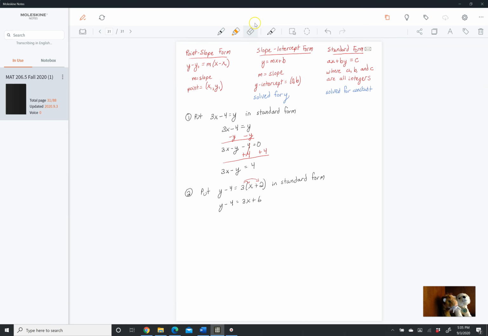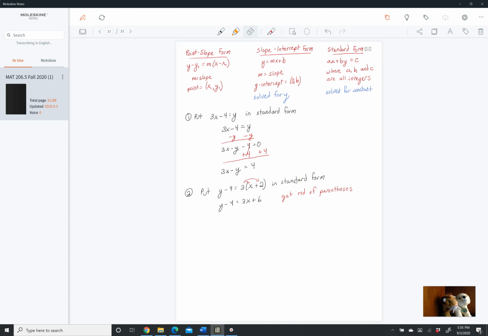So we got rid of parentheses first. This is to go from point-slope to standard. In the first example, we went from slope-intercept to standard, so the only thing that we had to do was solve for the constant. Now we have to get rid of the parentheses first and then solve for the constant.